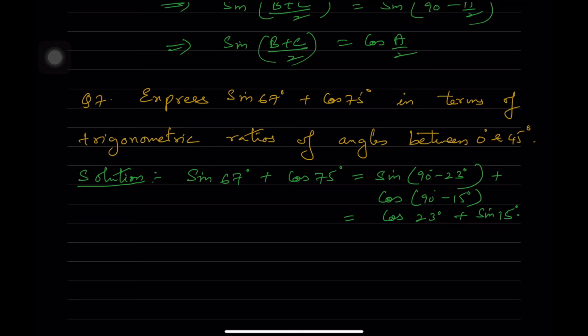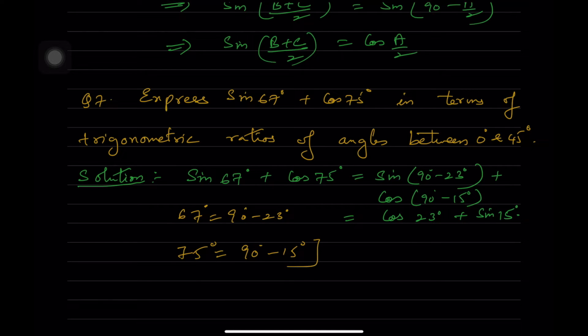So therefore sin of 90 minus 23 is nothing but sin 67. In the place of 67 we are writing it as 90 minus 23, and 75 is written as 90 minus 15.